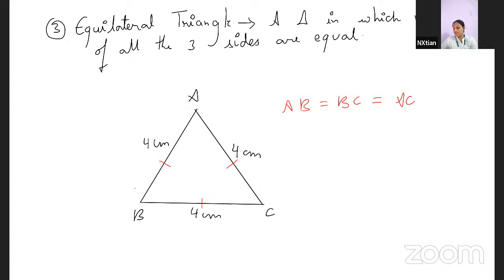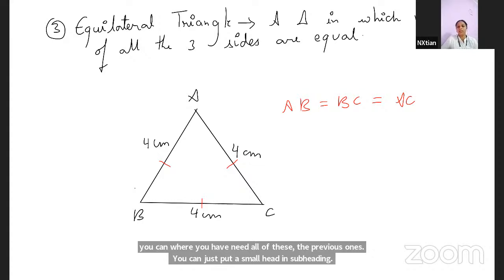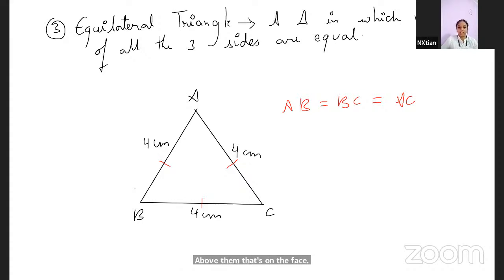So where you have made all of these three triangles, the previous ones, you can just put a small subheading above them: on the basis of measurement of sides, right? I'm clearing the screen right now.